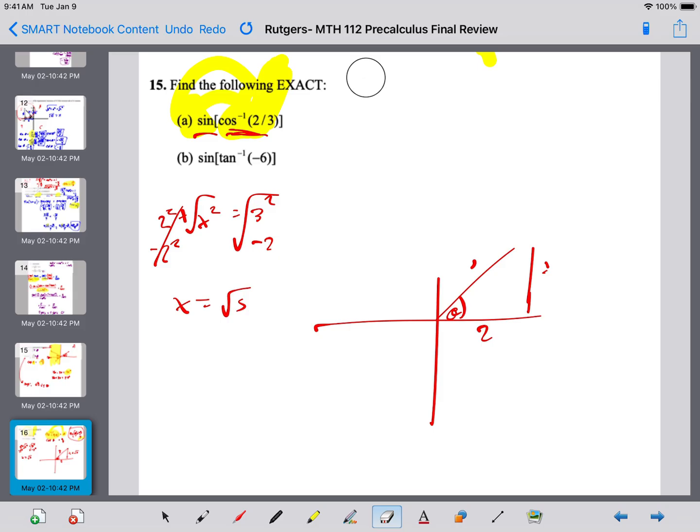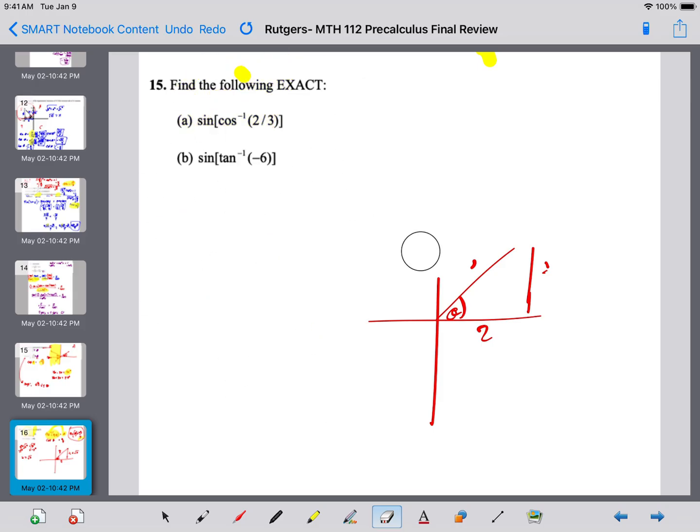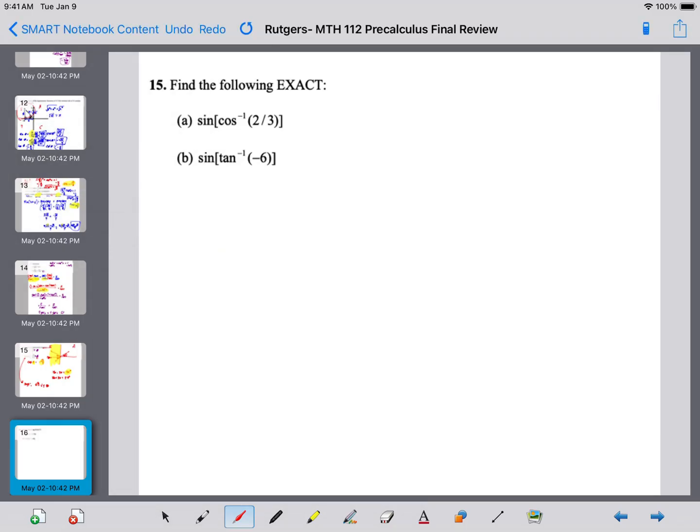We'll do the same thing for B. So we have tangent inverse of -6 equals theta. So then tangent of theta equals -6, or -6 over 1, right? So that's going to be your opposite over adjacent.